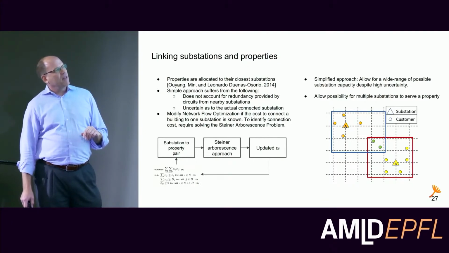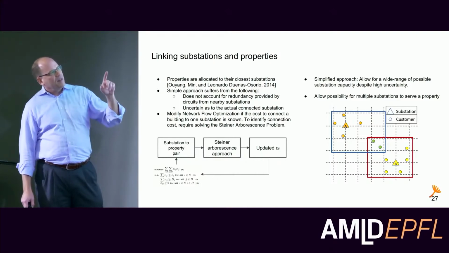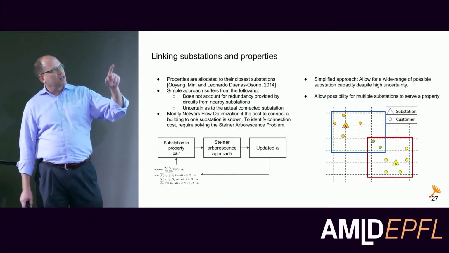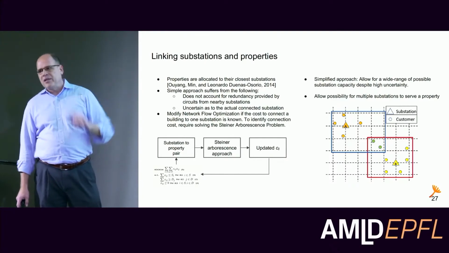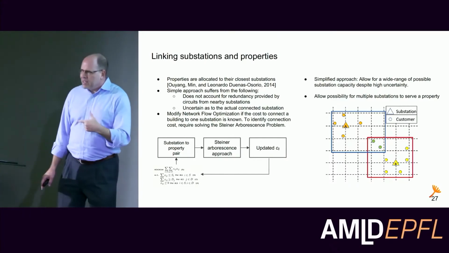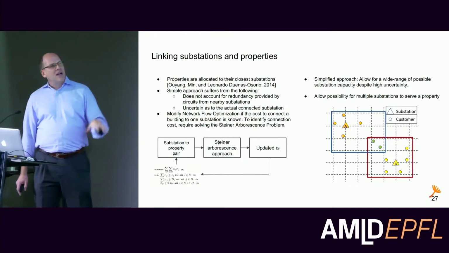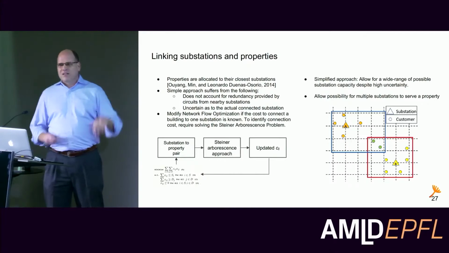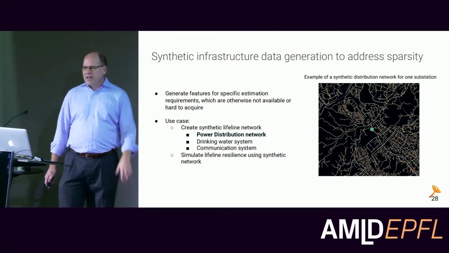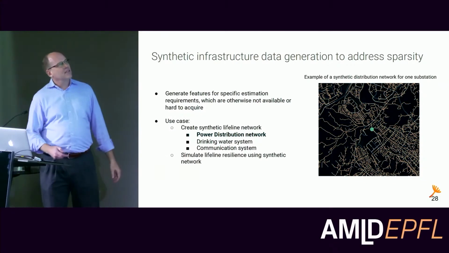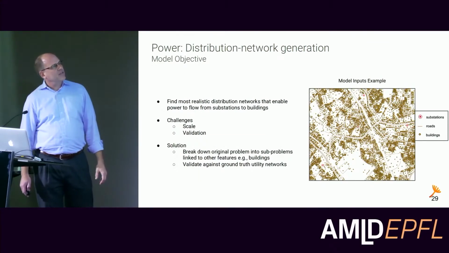But we may then model, and we've tried to validate this when we can, that same customer, if substation A goes down, could be fed by substation B. So we're going to build in a certain degree of probability that arises from the ability to synthetically generate the data. And then that allows us to address the data sparsity in this space.